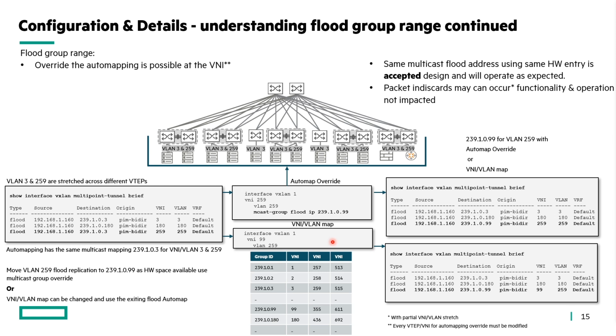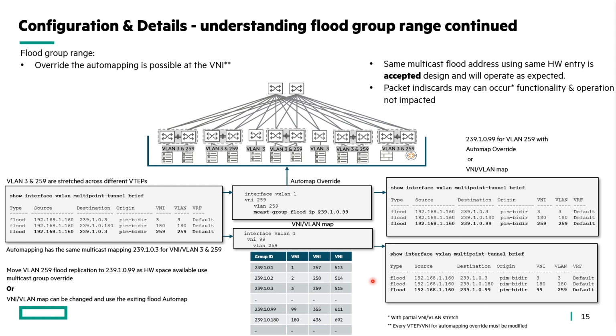The alternate method is to have a different VNI to VLAN mapping, and this will depend on the customer's methodology. And here we map VNI 99 to VLAN 259, and this means that multicast group 239.1.0.99 is mapped to VNI 99 but is mapped to VLAN 259.